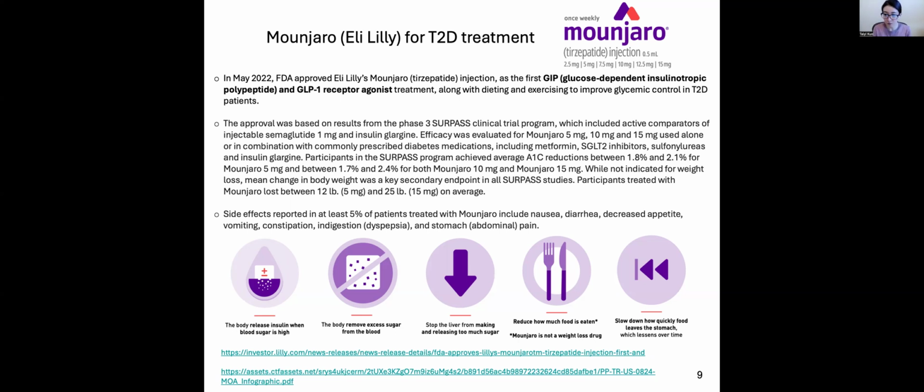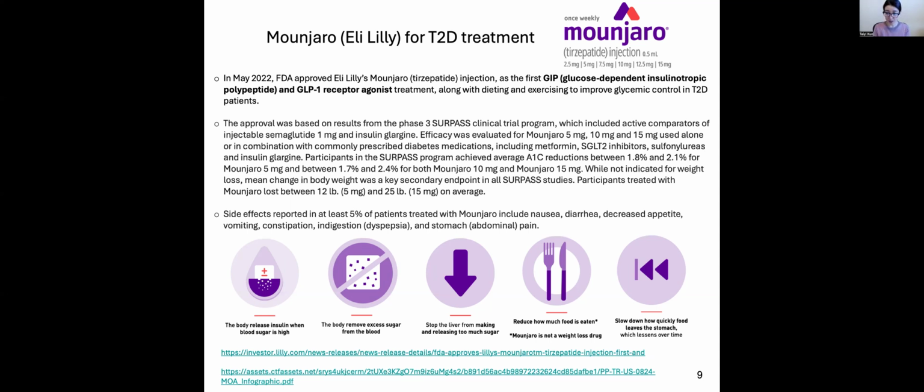And while not indicated for weight loss, the mean change in body weight was a key secondary endpoint in all these trials. Why is that? Because they learned from Novo Nordisk's GLP-1 RA therapeutics, there is a benefit of body weight reduction. So of course, Eli Lilly will be very interested in finding out whether their Mounjaro also led to body weight reduction.